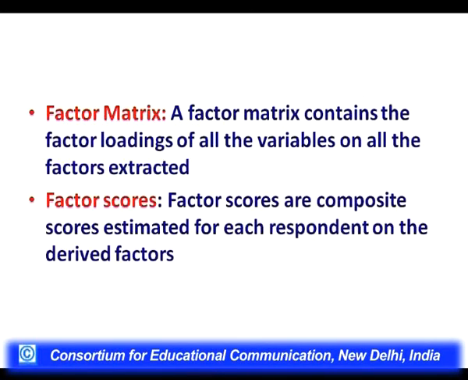Factor matrix. A factor matrix contains the factor loadings of all the variables on all the factors extracted. And the factor scores. Factor scores are composite scores estimated for each respondent on the derived factors.